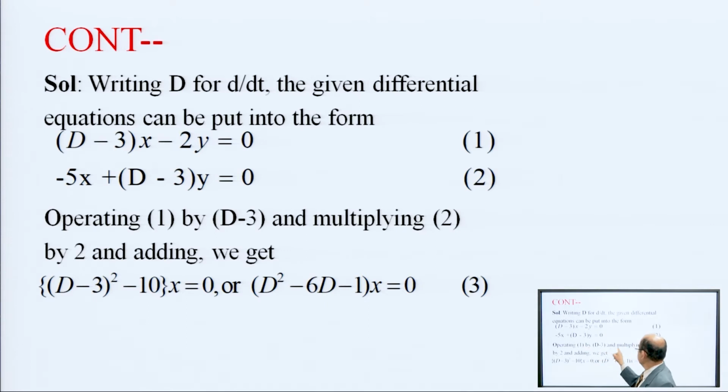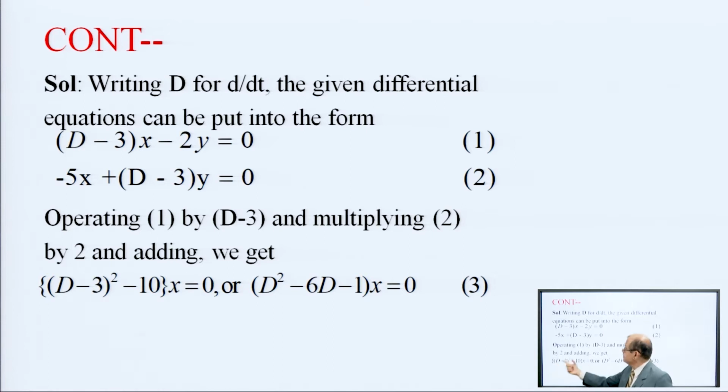Operating 1 by D minus 3 and multiplying 2 by 2 and adding, we get D minus 3 whole square x, and minus 10 x, and the 2 and 2 cancelled out.